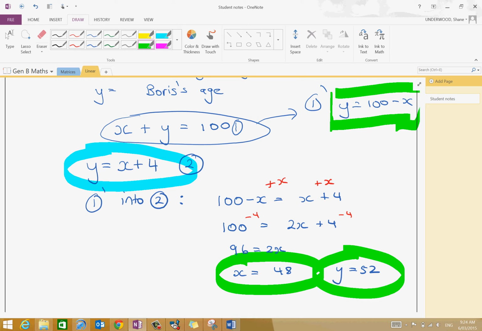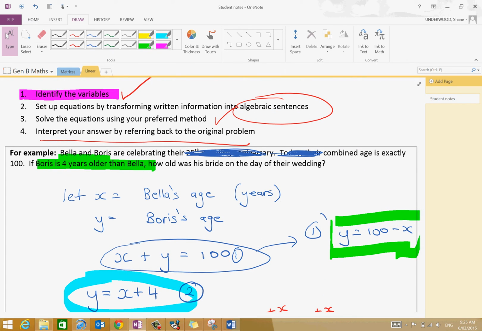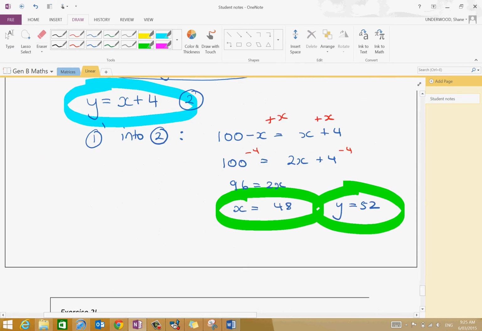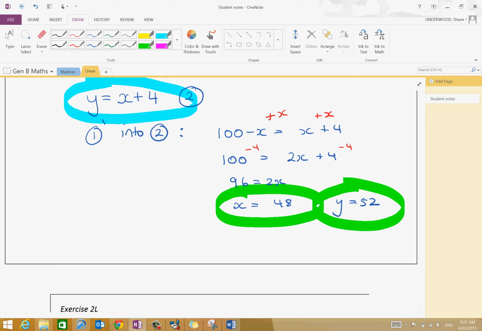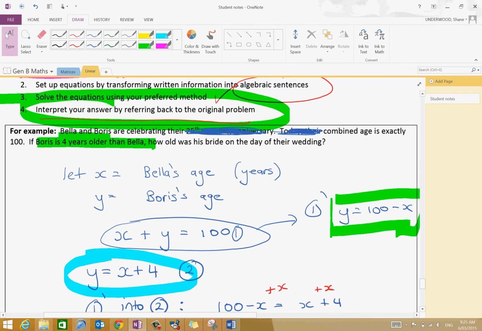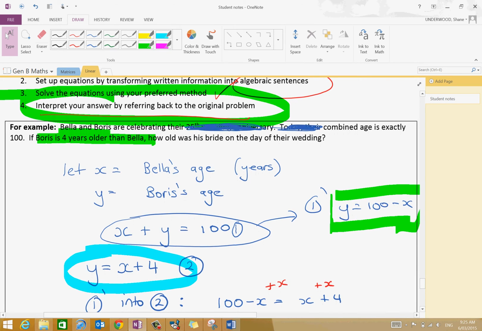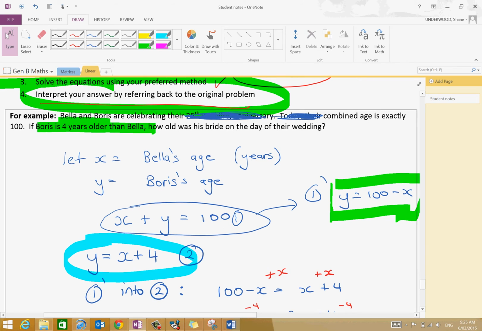All right. So we're not finished yet because it says interpret your answer by referring back to your original problem. That's what it says. You have to minus 25 because of the anniversary.